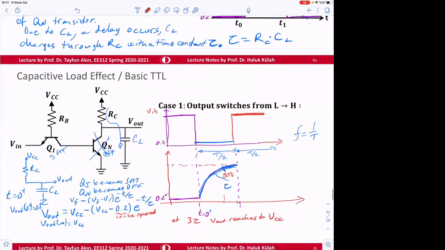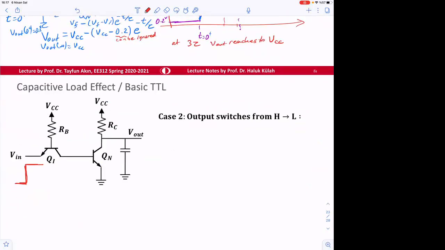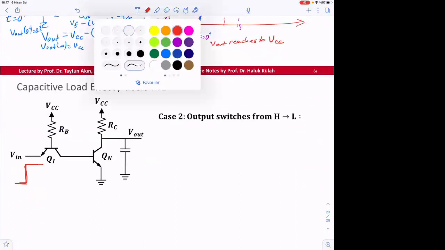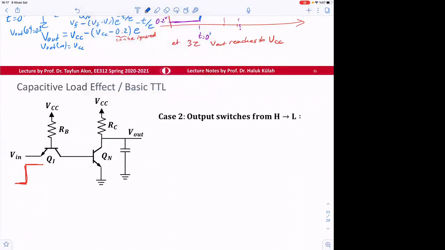Okay. So remember initially, maybe the blue color was, for the blue case, this transistor was what?